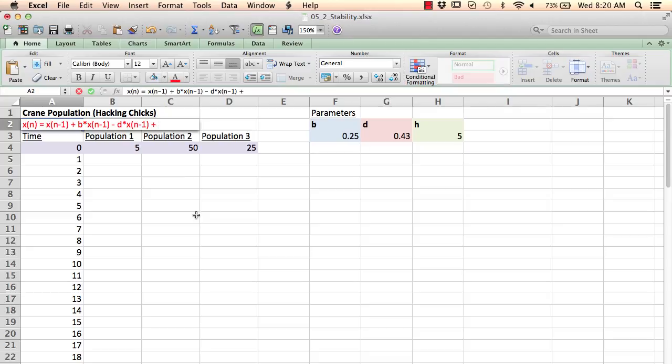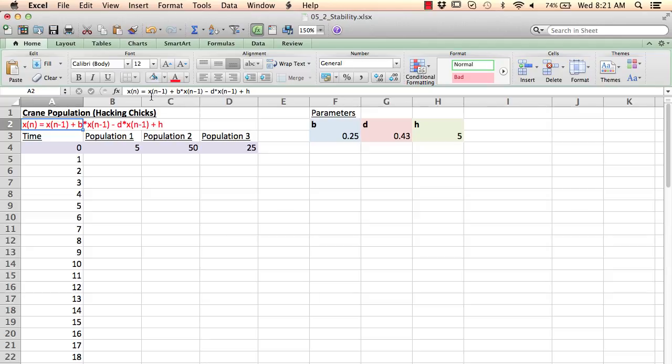But then we're also going to add in a fixed number of chicks. So the hacking is not a rate, it's just a flat number. Altogether we have x of n equals x of n minus 1 plus b times x of n minus 1 minus d times x of n minus 1 plus h. It looks like we can probably simplify that a little bit if we just factor out all of the x of n minus 1s.